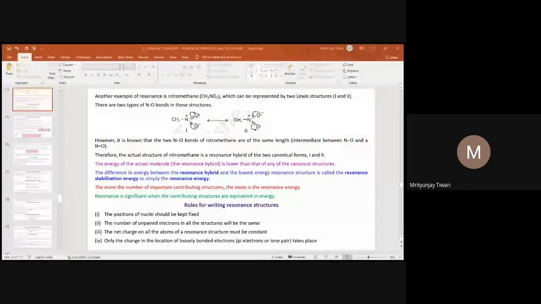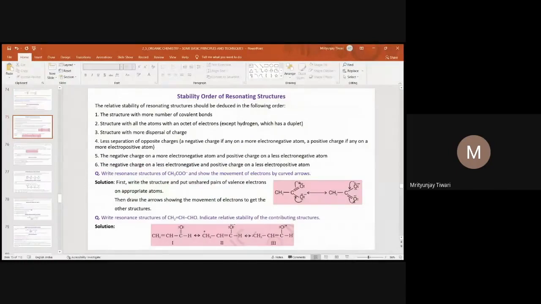If there are opposite charges and they are nearby, they can stabilize each other, so there will be a stronger electrostatic attraction, and because of the stronger electrostatic attraction the energy of that system will go down.